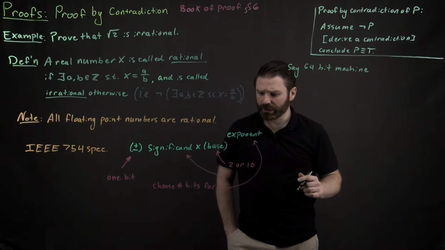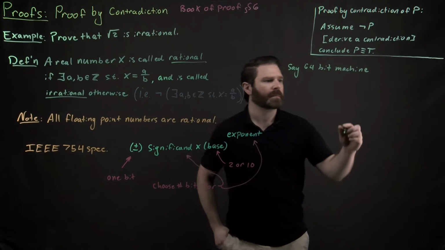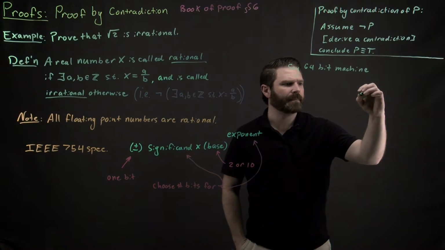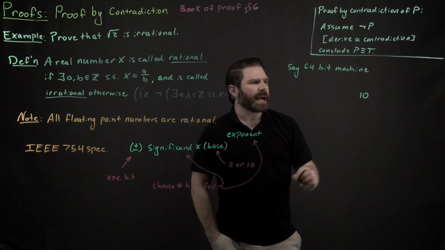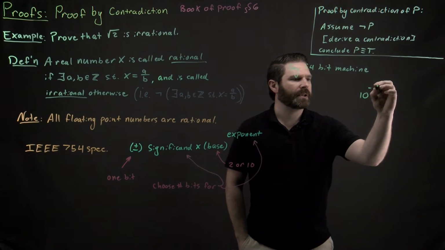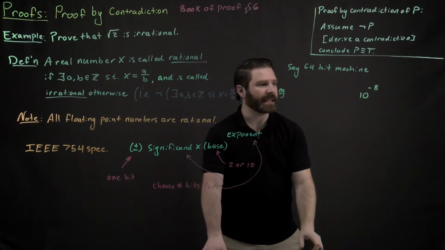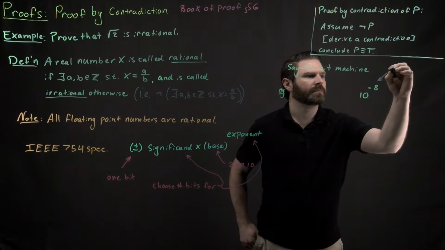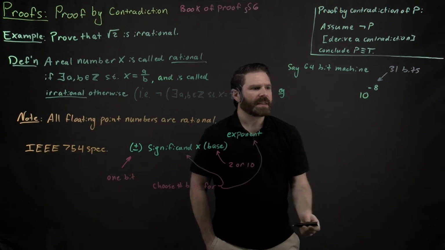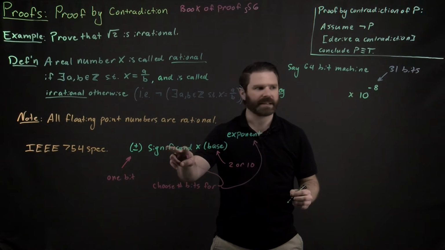So let's choose a base of 10, and I'm going to devote 31 bits to my exponent. Just as an example, let's make the exponent -8, with 31 bits for that. And then I want to multiply this by some significand.